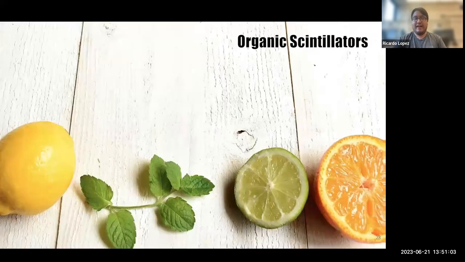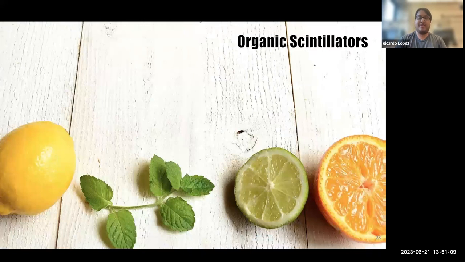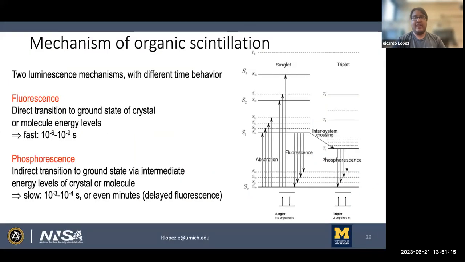But anyways, finally, we have organic scintillators, which are similar to the inorganics that we just talked about. The main difference being, as I mentioned before, they're primarily composed of hydrogen and carbon. The mechanism of scintillation essentially boils down to the fluorescence property, where incident, say, gamma rays recoil off electrons, and these electrons travel through the scintillator and excite some of the atoms that make up the molecules of the scintillator.